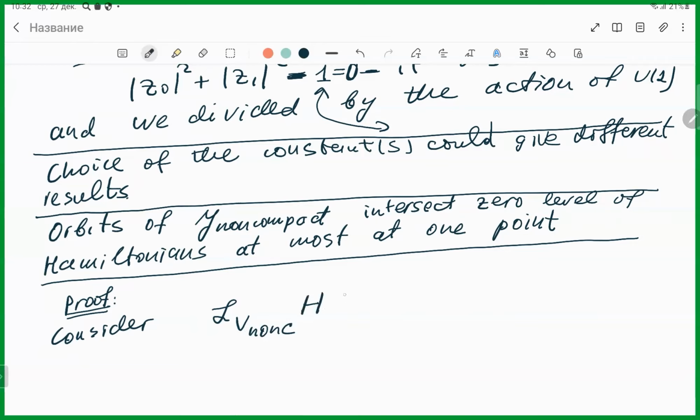Apply to Hamiltonian. In this case, we can schematically write what's going on as follows.